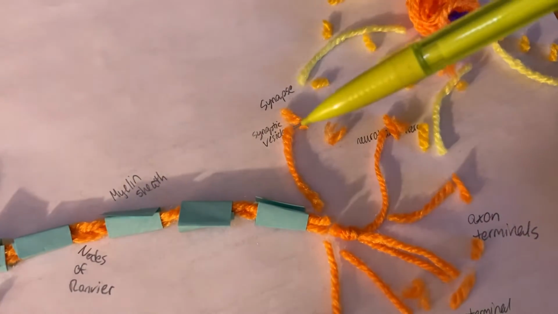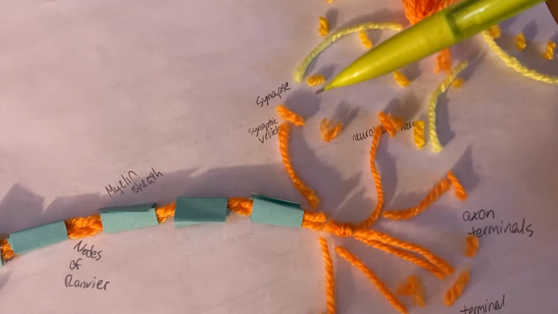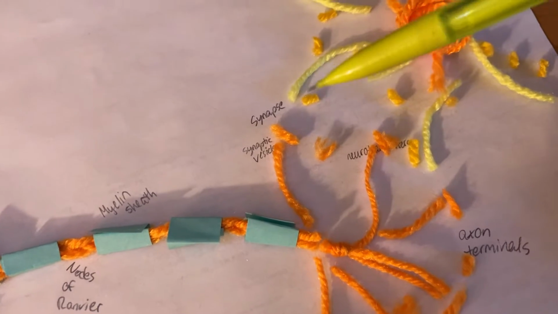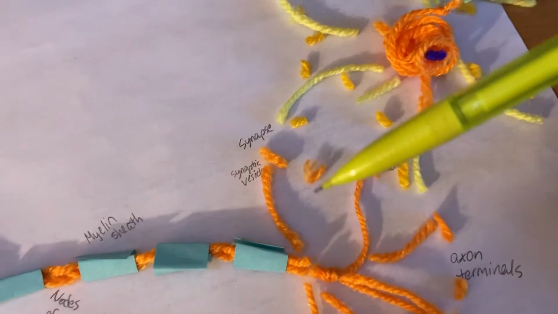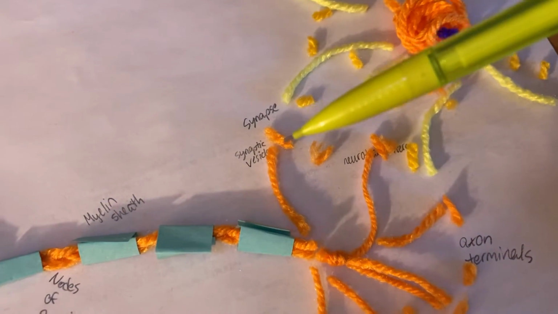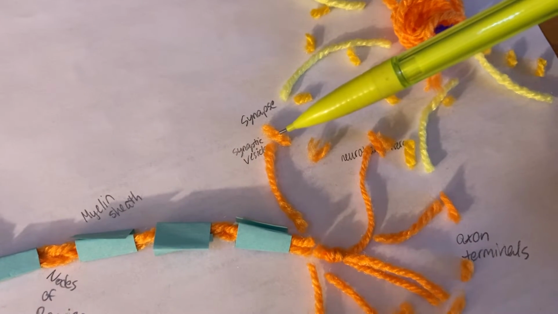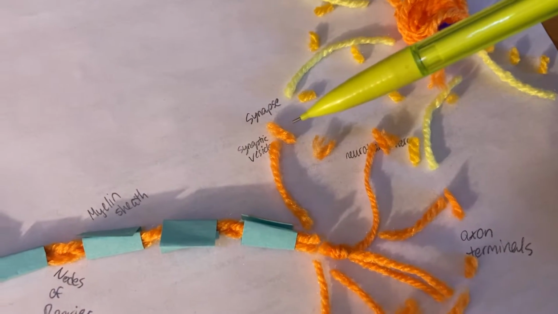The synapse and the synaptic vesicles are the sites at which the dendritic spines from the postsynaptic neuron and the neurotransmitters, or not neurotransmitters, what is this?